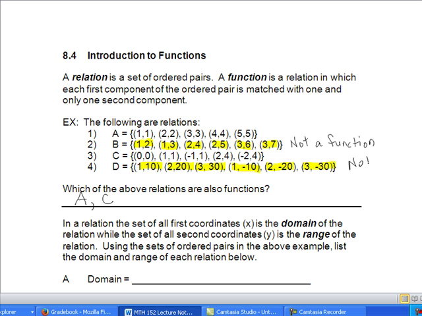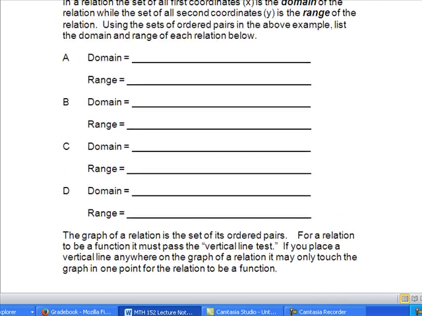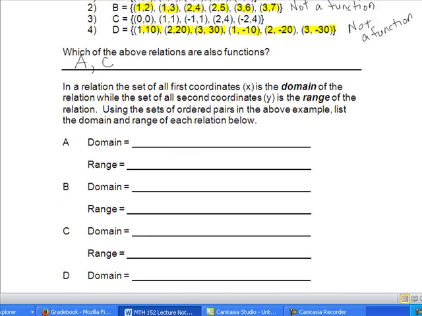Now, for a relation, the set of all first coordinates is what we call the domain of the relation, while the set of all second coordinates is the range of the relation. So we need to come up with the domain and range for each of the sets A, B, C, D of ordered pairs.